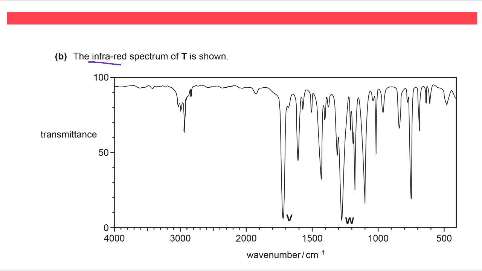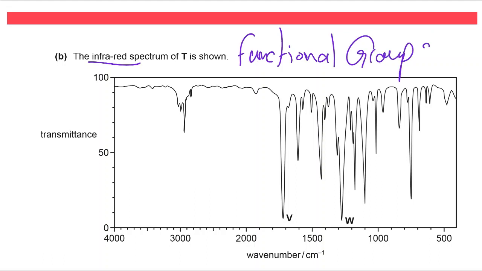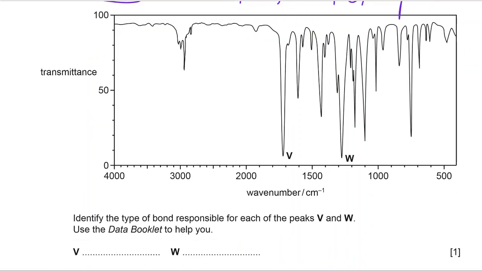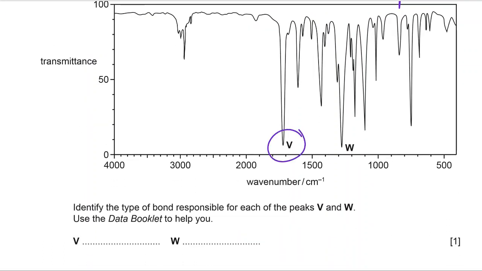By using infrared, you determine the functional groups, only the functional groups. So he's asking about these 2 peaks at V and W.